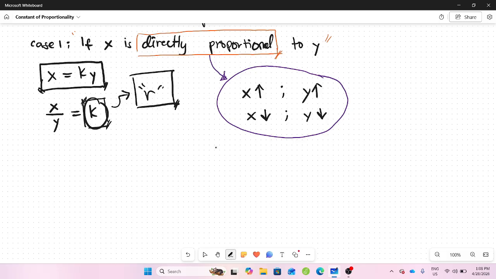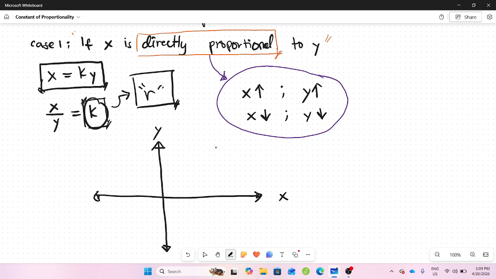Now if we place this in a rectangular system on the x and y plane, let's say this is our x and this is our y.